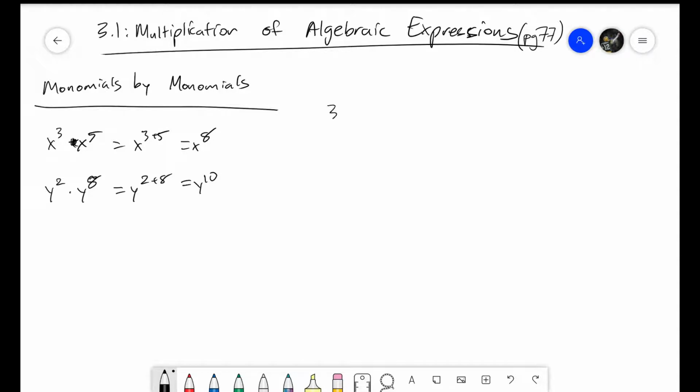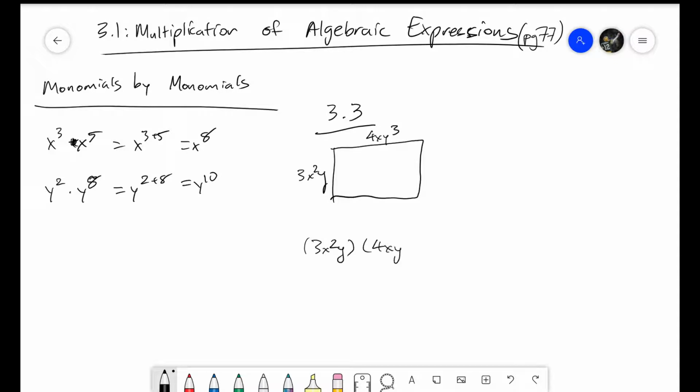Example 3.3: there is a painting whose height is 3x squared y and its width is 4xy cubed. And the question is to find the area of this painting. So the area is equal to 3x squared y times 4xy cubed.